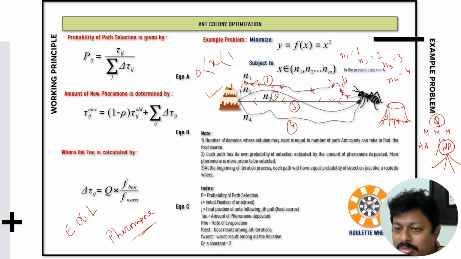So what happens if the path is very short? Then when the ant is going through this path, it is depositing pheromone. When it is returning through this path, it is depositing pheromone, and that pheromone stays for a long time because it is a very short path. So suppose it takes only 2 seconds for an ant to go from this part to this part, and then 2 seconds to return.